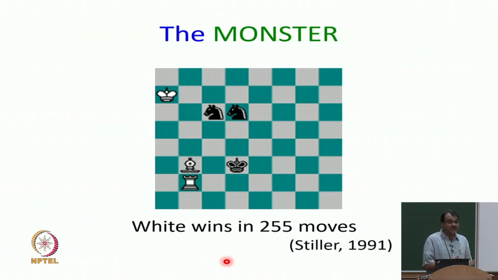But people showed that if you search long enough, in particular 255 plays, then white can force a win. Humans may not have been able to even get to this 255-move play sequence. They may have settled for a draw, but when you use the machine, you figure out that this particular position takes 255 moves, but white wins, and many such positions exist.